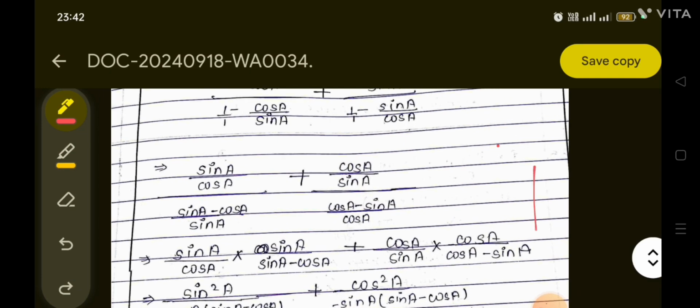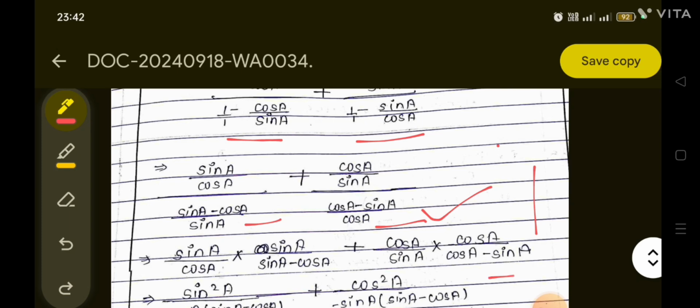If we take the LCM of 1 minus cos A by sin A, it will be sin A, and the LCM of 1 minus sin A by cos A is cos A. Then we get sin A by cos A, and here cos A by sin A, and in this side sin A minus cos A.